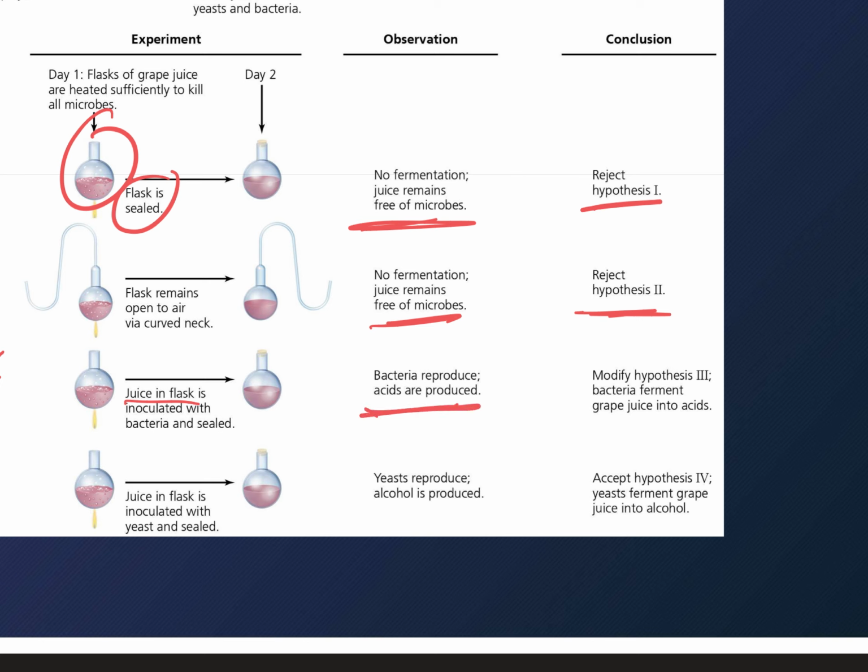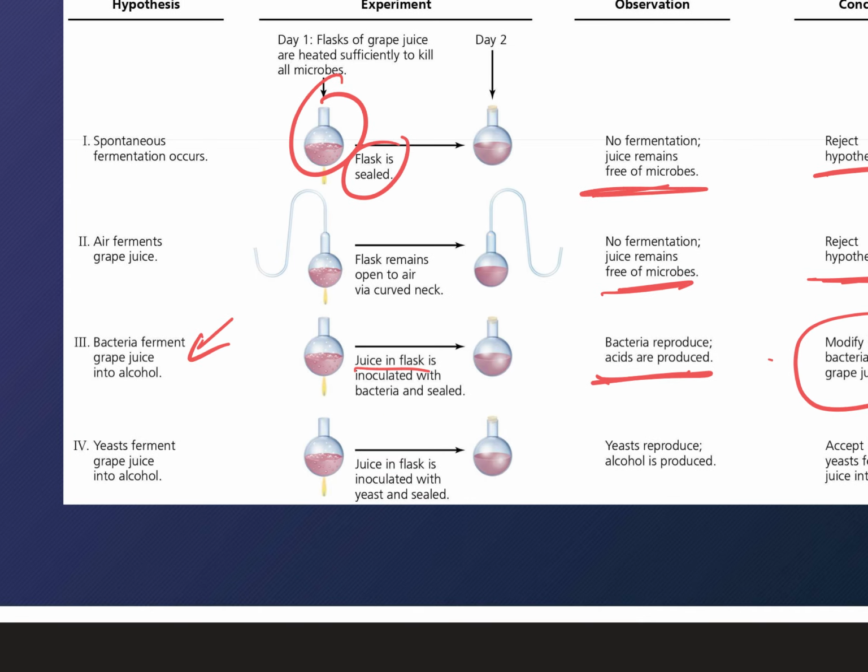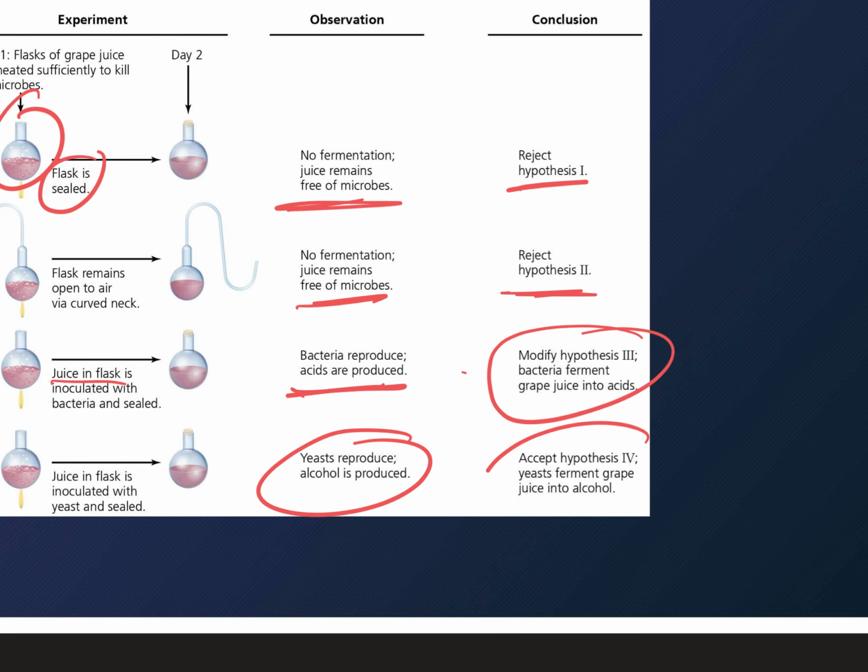Bacteria reproduce, acids are produced, so modify hypothesis 3, because the bacteria ferment the grape juice into acids. Acid isn't very tasty, right? And then yeast ferments grape juice into alcohol. So the juice in the flask does the same thing. The yeast produce the alcohol, and we accept hypothesis 4 that yeast ferment grape juice into alcohol.